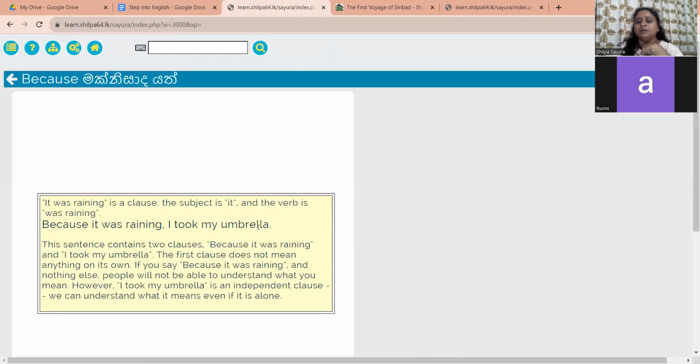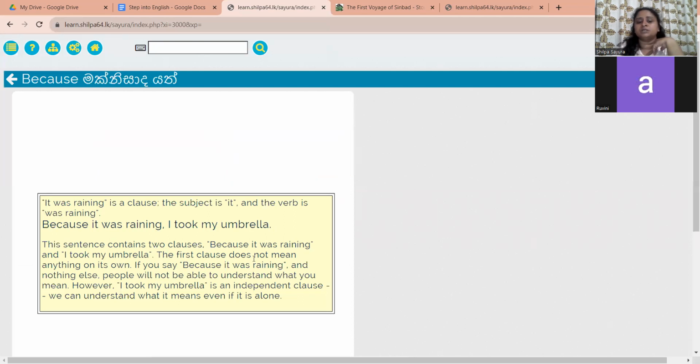I took my umbrella. මම umbrella එක ගෙනිච්චා. ඇයි? Because it was raining. This sentence contains two clauses. මේ sentence එකේ clauses දෙකක් තියෙනවා. මොකද්ද? It was raining. Because it was raining, and the second clause is I took my umbrella.